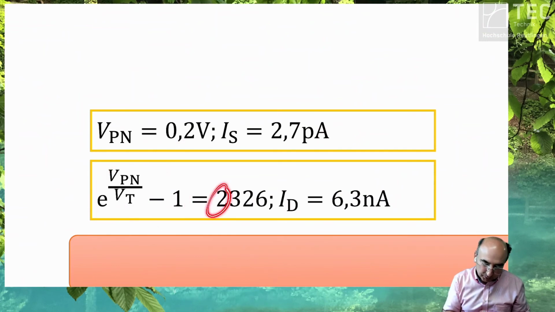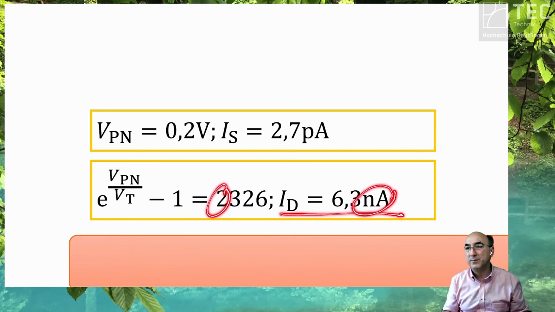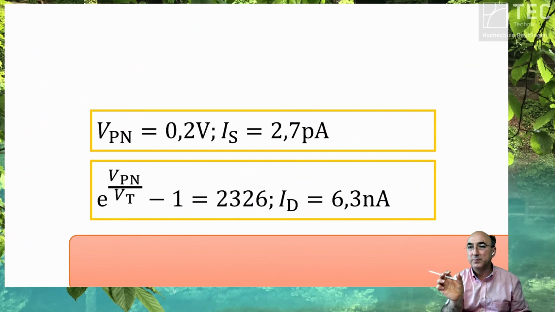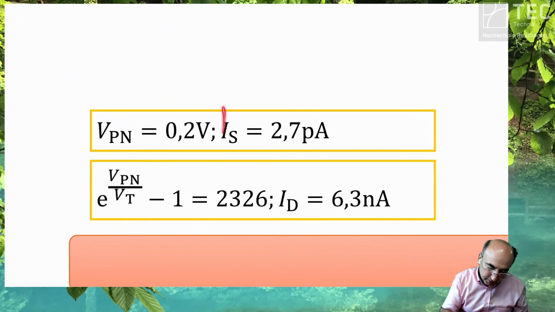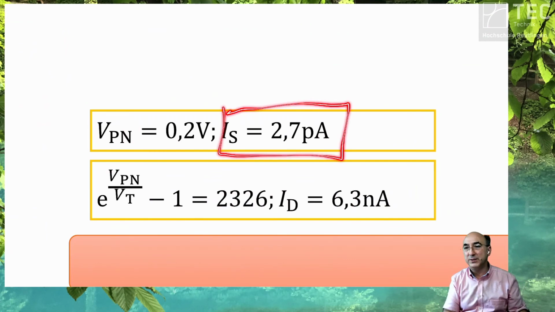It's also in the range of 2000. But the resulting diode current is nanoampere with the same area and the same N-type doped material. And the reason is the poor guy. The reverse current is picoamp.